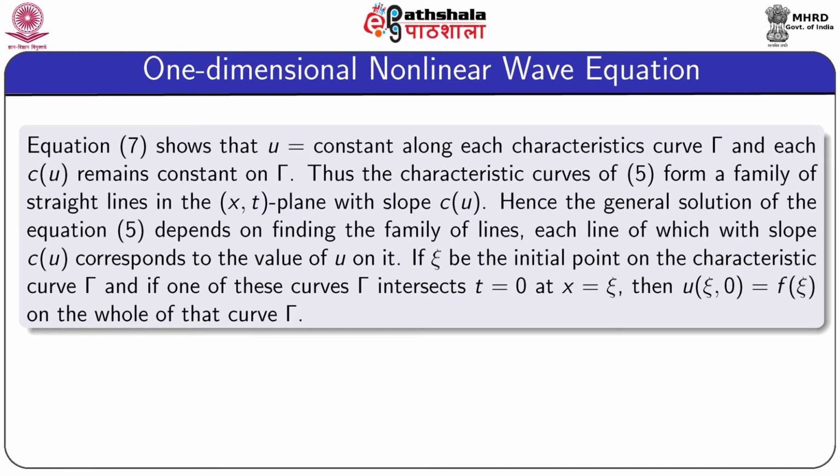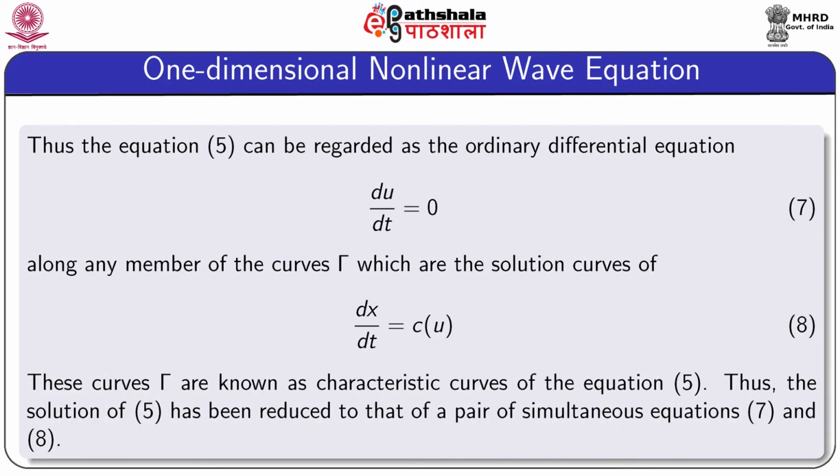So, finding the value of u as a constant, we can get the value of cu in equation 8. Then we can solve equation 8 as x equals ct plus another constant.